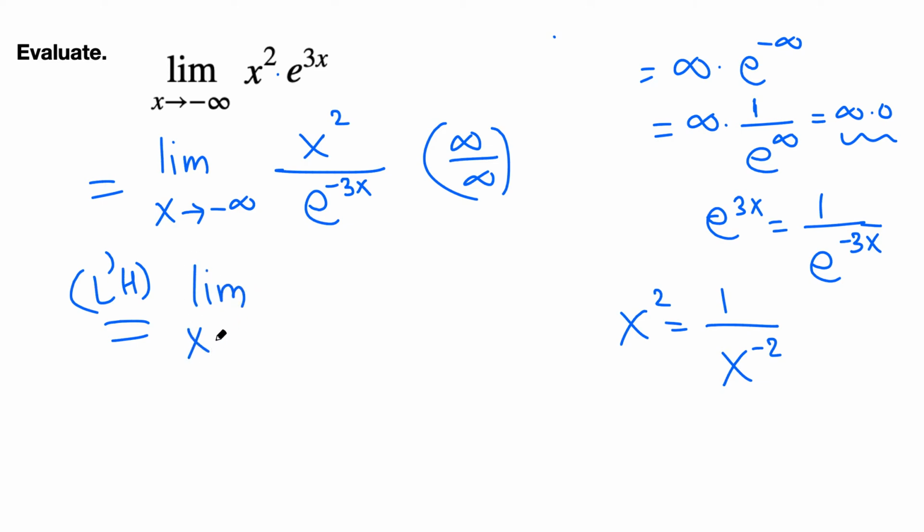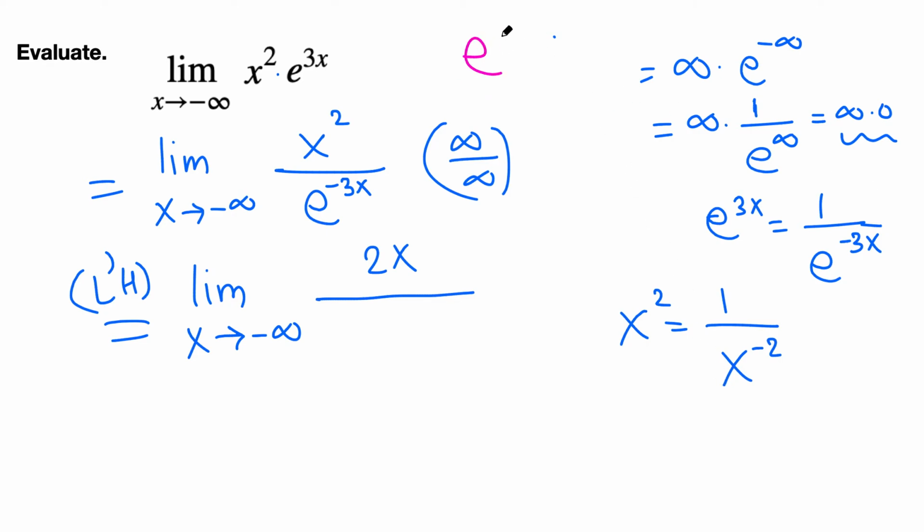Limit x going to negative infinity. By L'Hopital's rule, we find the derivative of the top on the top, and the derivative of the bottom on the bottom. That is 2x over e raised to something. What is that?